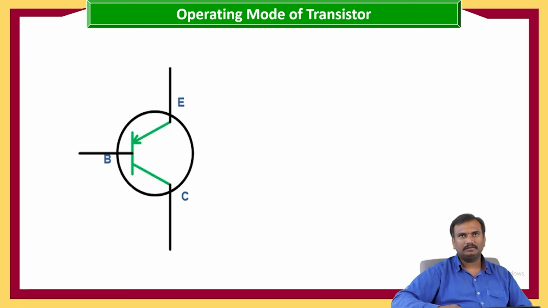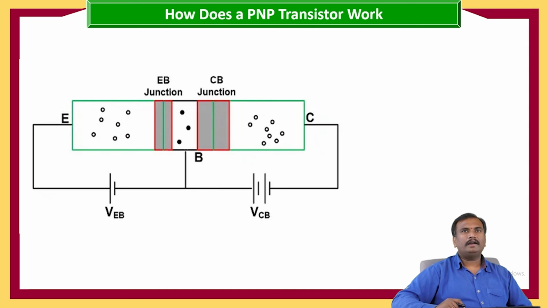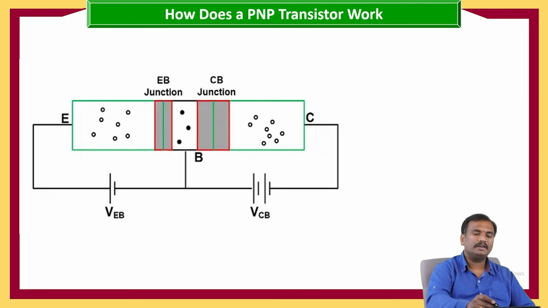This is the symbol. And this is the way we are going to have the holes and electrons in the PNP transistor. Here these are the holes and these are the electrons, and these electrons will recombine with the holes of the emitter and the remaining holes will move towards the common base junction.